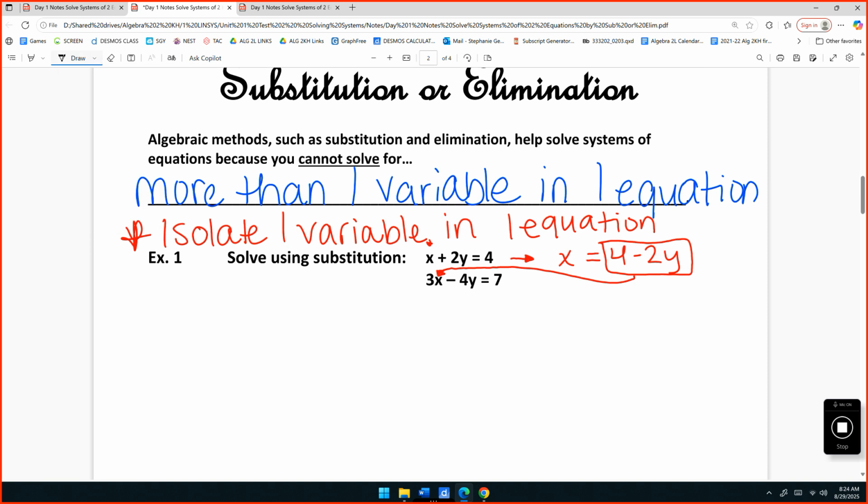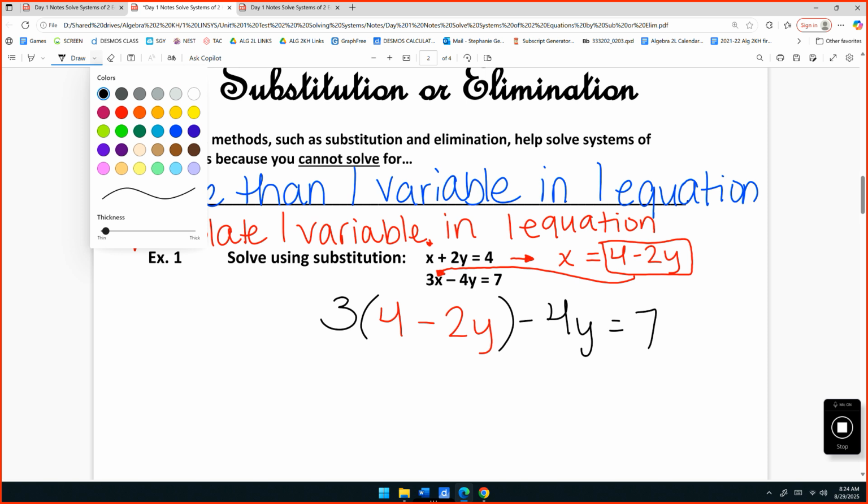So this is 3 times x, but I'm not using x, I'm using the sub, minus 4y equals 7, and the sub is 4 minus 2y. It's so important that whenever you substitute, you put the substitute in parentheses. Sometimes it doesn't matter, but most of the time it does, so you always do it.